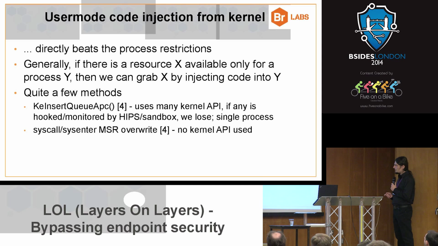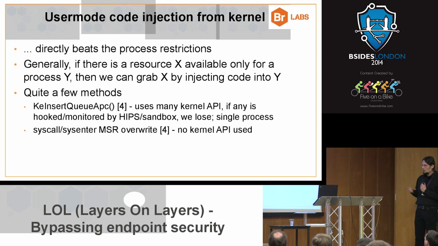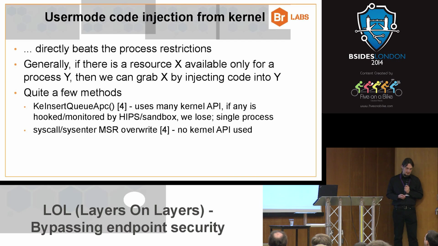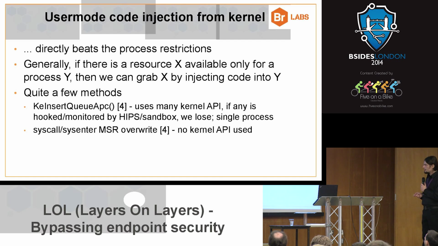And the main problem is that because it must use some kernel API, if some security solution like HIPS or a sandbox monitors usage of this API, it can catch the exploit, right? It sees that someone tries to queue an APC for a protected process, and it won't be allowed. Also, this method allows you to inject code into a single process at a time only, which might be a problem.